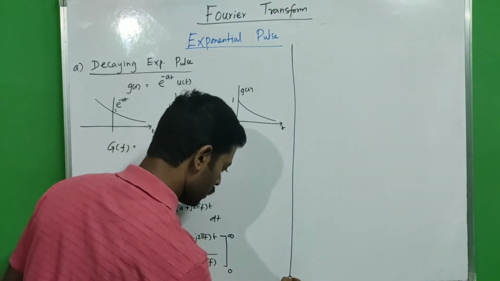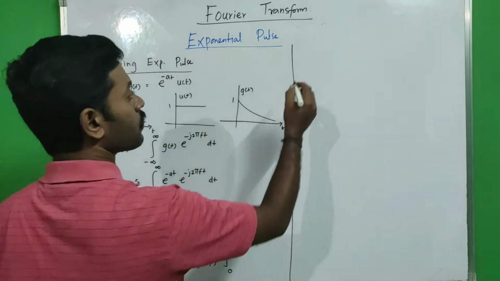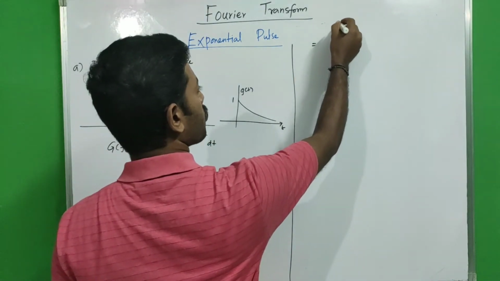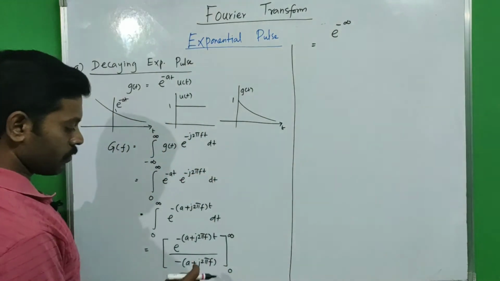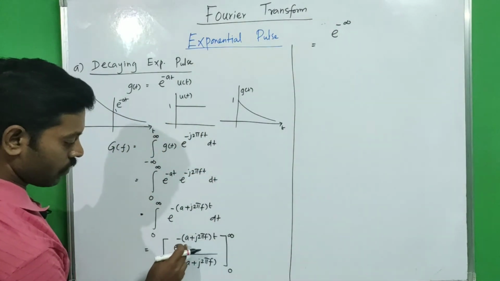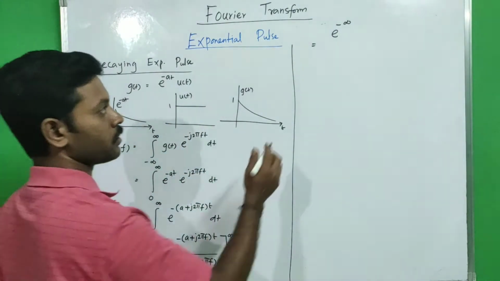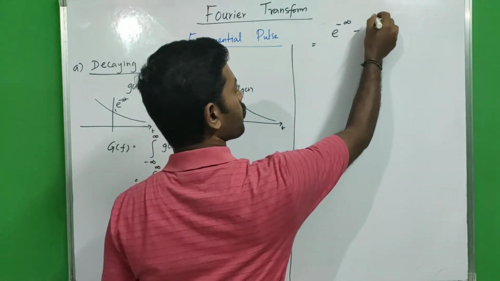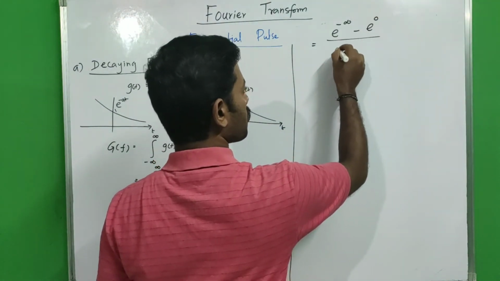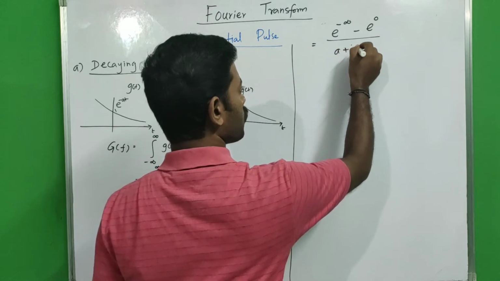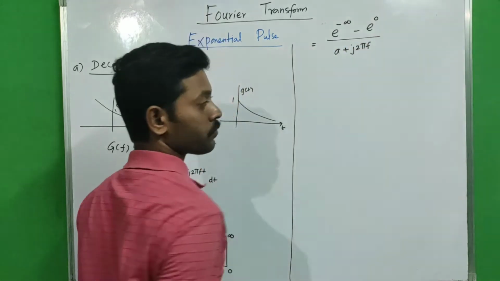Now apply the limits. Applying the upper limit, we get e power of minus infinity, minus the lower limit e power of 0, divided by a plus j 2 pi f.